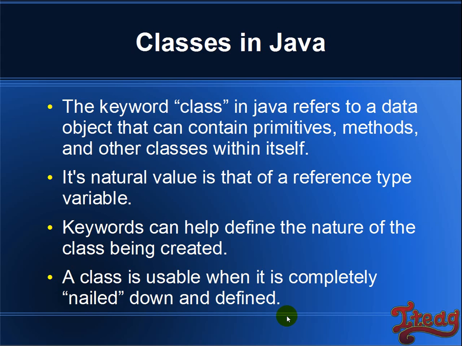By nailing it down, I mean you have it actually put into the static side or the heap side of memory, and it's created and initialized, and then you can start playing with it in your methods. So boom, or main as the program is from where we're at. So once it's nailed down and defined, boom, you can use it.